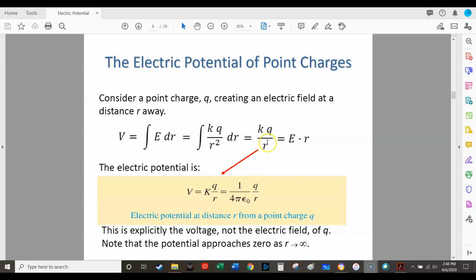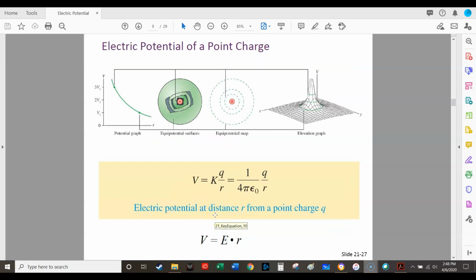It's important to note that when you get at a very far distance away, so as r increases, the voltage will decrease. Okay. As Q increases, the voltage will increase. So V and Q are directly proportional to each other, but r is inversely proportional to the voltage. Okay. So I talked earlier about how you could view voltage in a lot of different ways, and I want to emphasize that voltage is another way of looking at the electric field.